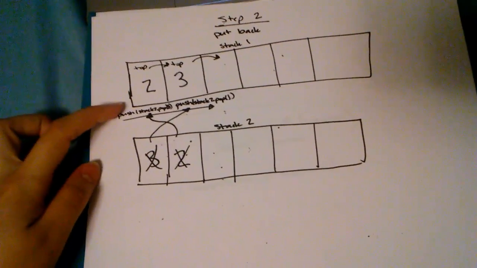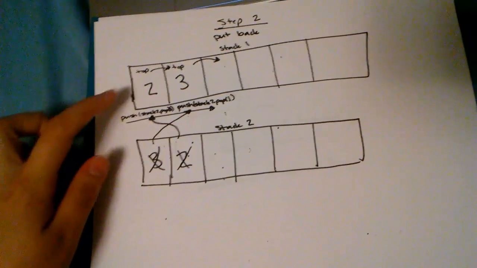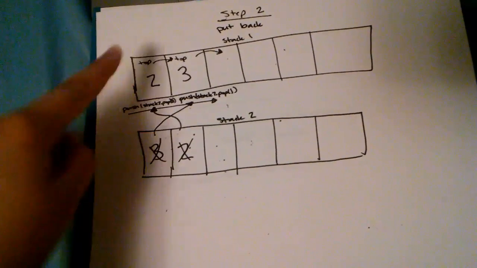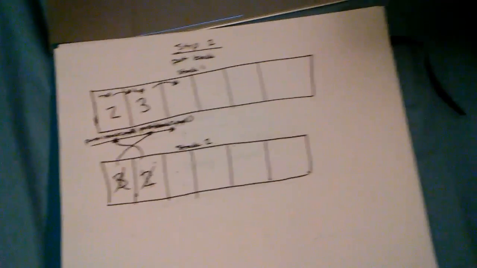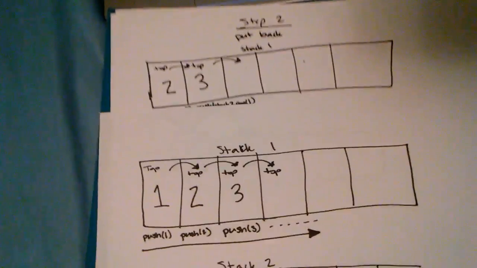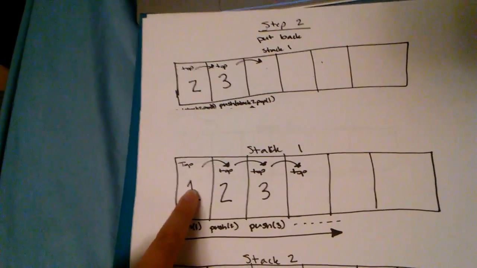So here you just go back, and instead of pushing for stack 2, you're going to say for stack 1, push stack 2 pop. So you pop the 2, it goes back up here, pop 3 goes back up here. So now if you look, it's the same as what we had at the beginning, just with the 1 missing, which is what we want for a queue because the first thing we put in should go out first.